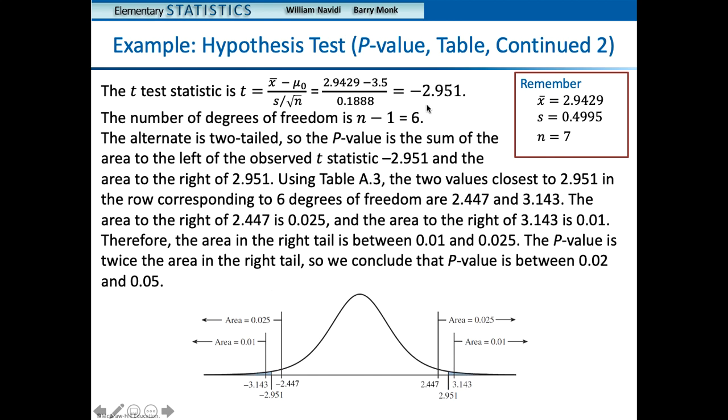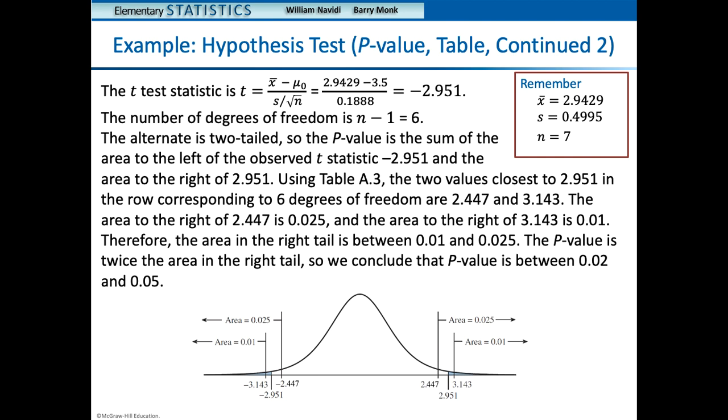So the t-value ends up being negative 2.951. Because the sample size is 7, the number of degrees of freedom is 6. This is a two-tailed test, so the p-value is the sum of the area to the left of the observed test statistic, which is negative 2.951, and the area to the right of positive 2.951.